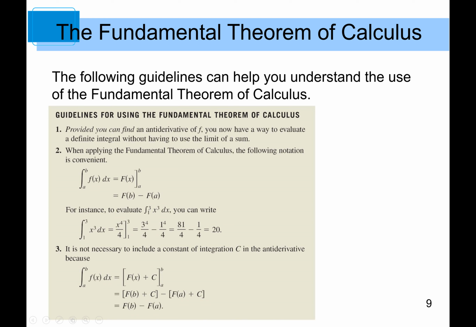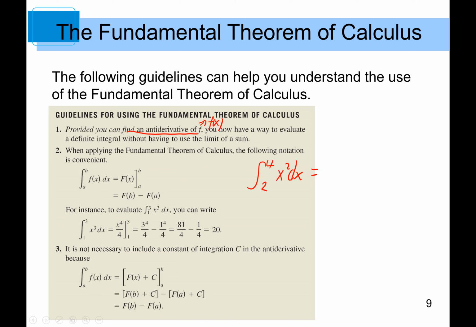And the standard procedure to find the area under the curve: first of all, find the antiderivative of f of x. And we use a standard notation. For example, let's say we want to do the integral of x squared dx.